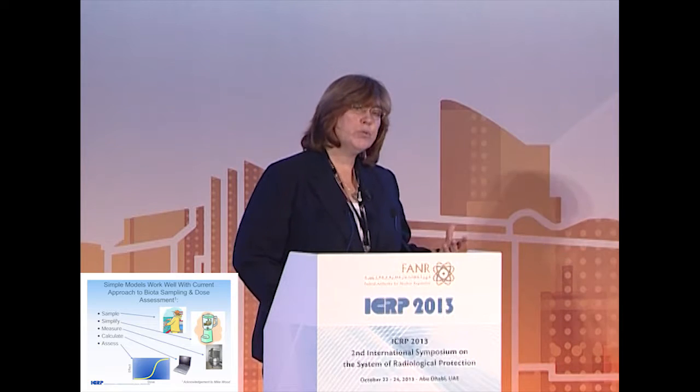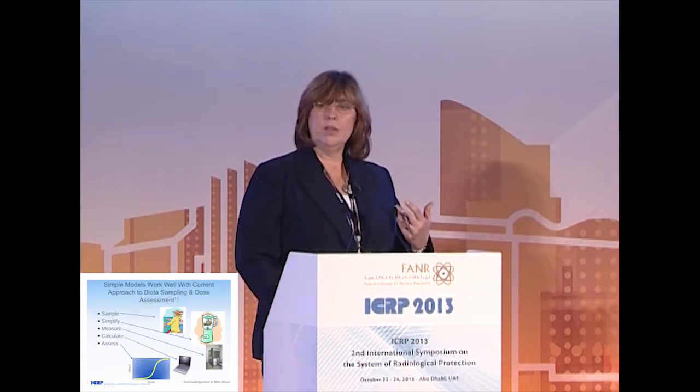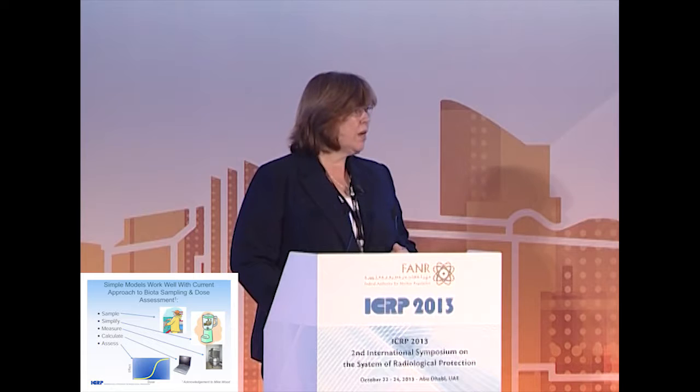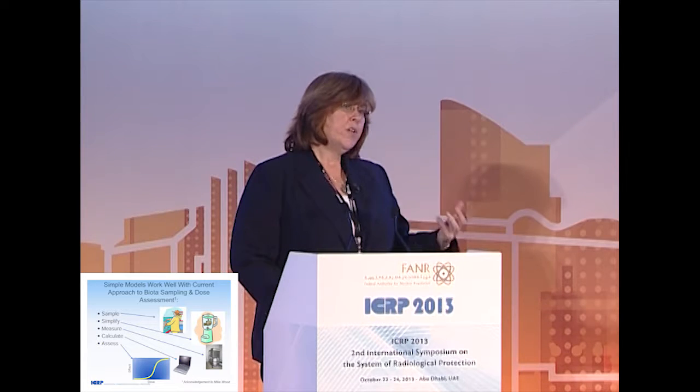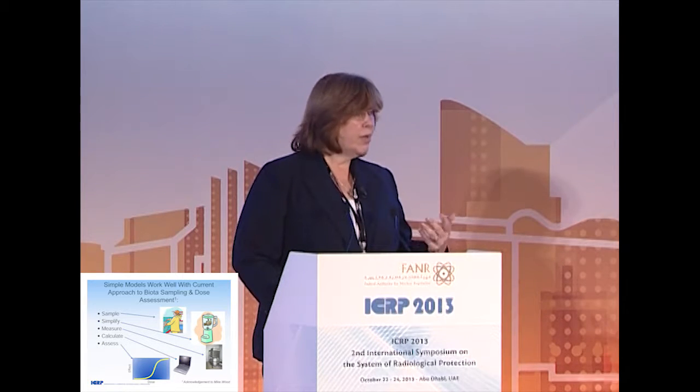Now, this kind of approach actually works fairly well in the way that we have done a lot of our sampling and analysis over the years. If you've done any sort of environmental sampling, typically what has happened is our focus has been on protecting humans.